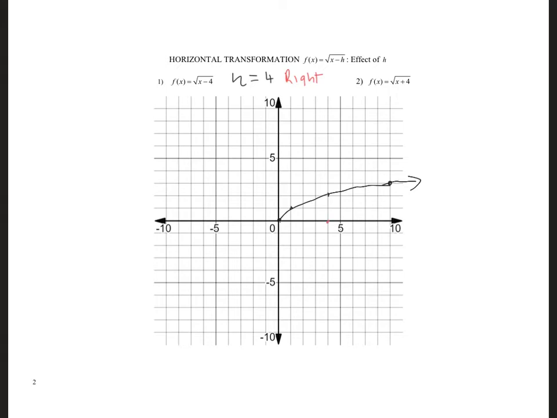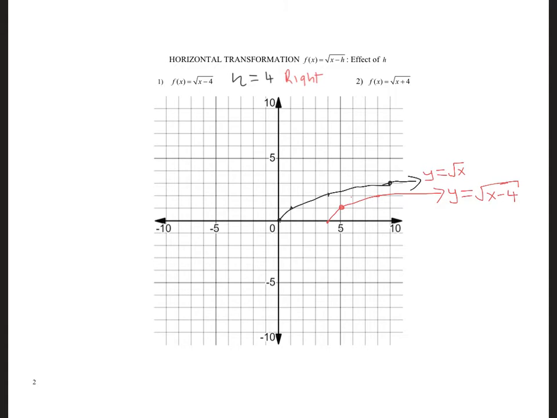The next one is going to be over here. 1, 2, 3, 4. And the other one doesn't fit. So here is my graph. And I'm going to write it here. So this is square root of x minus 4. And this is my parent function.